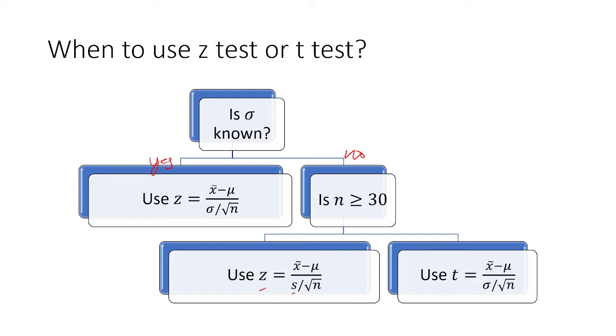If no, as you may notice, we will be using the t-test. So we will be using the t-test whenever sigma is unknown and our sample size is less than 30. Those are the conditions for when to use our t-test and our z-test.